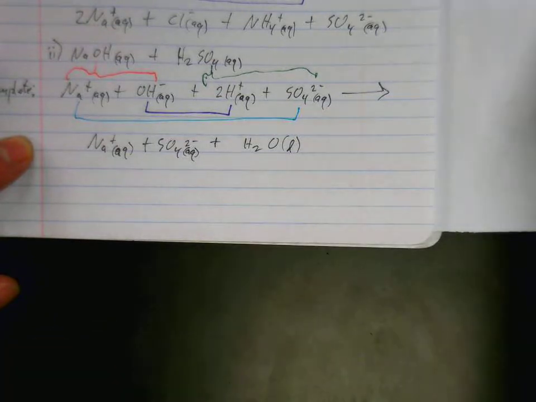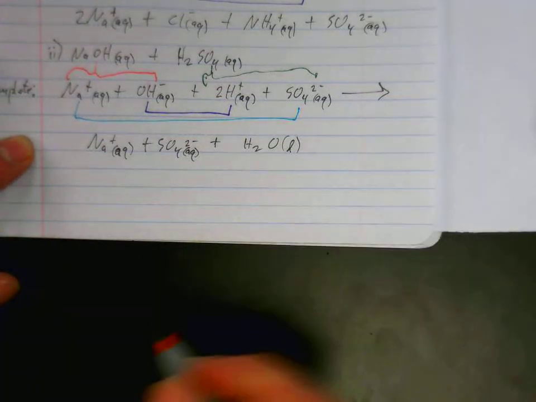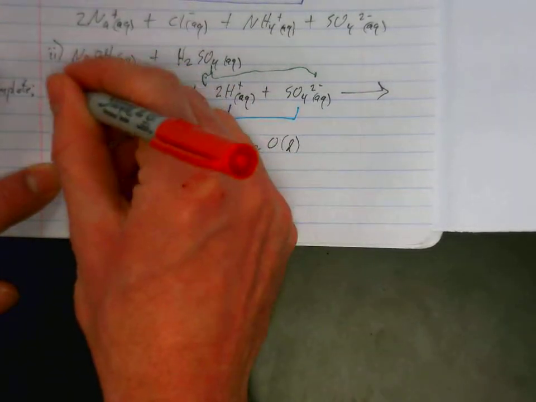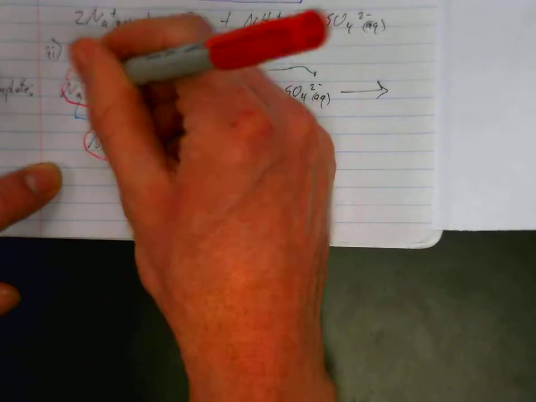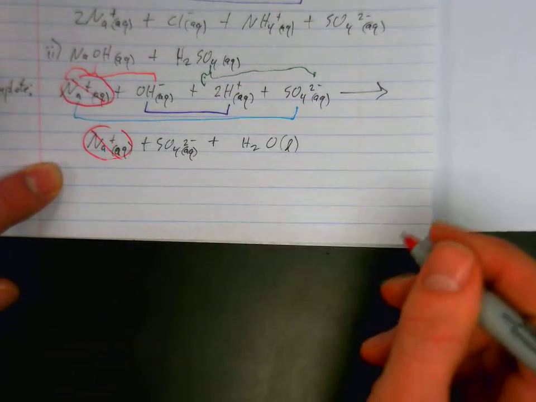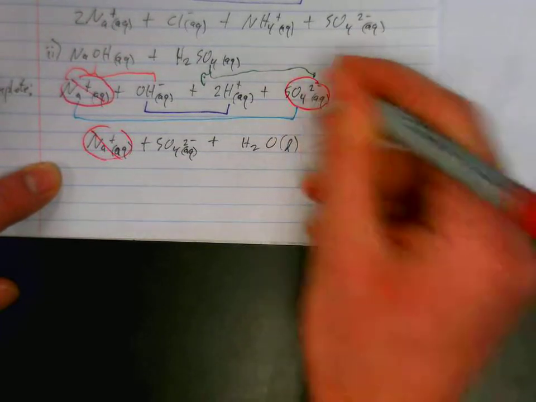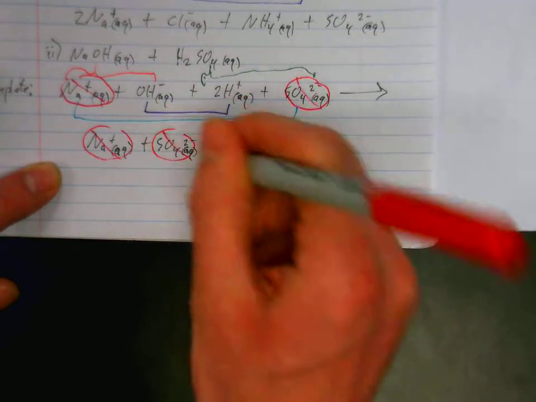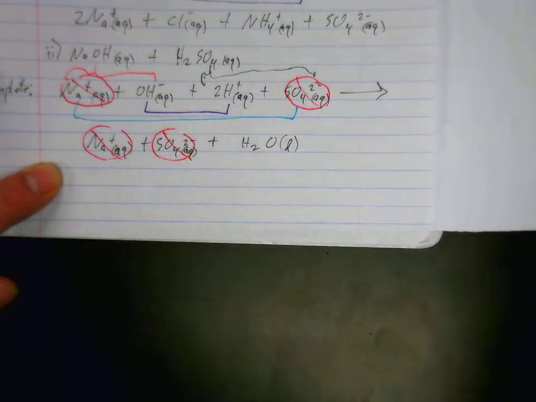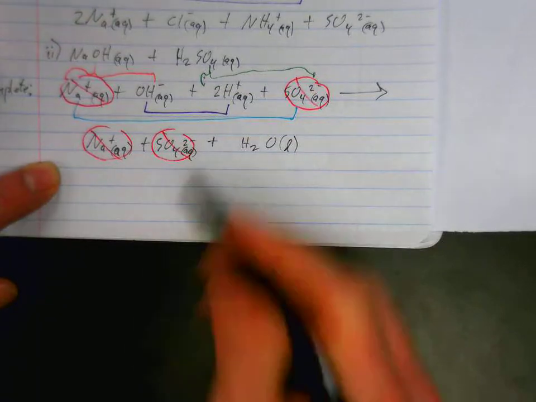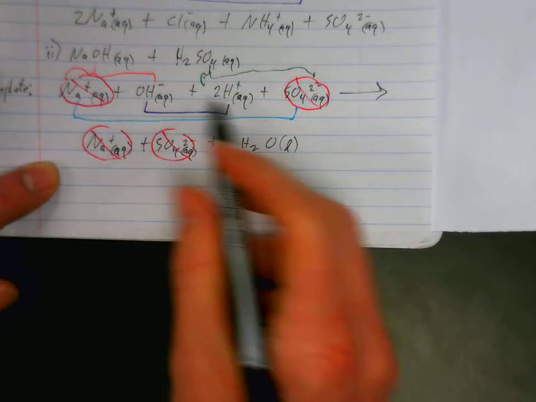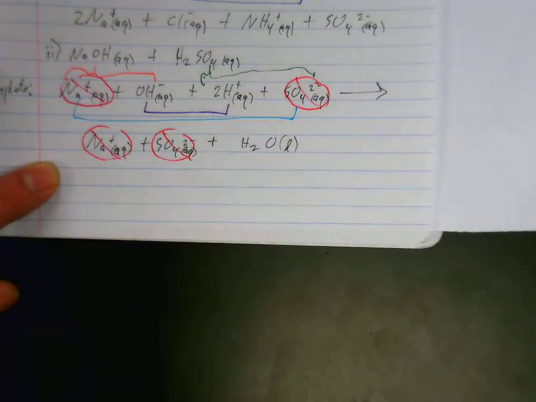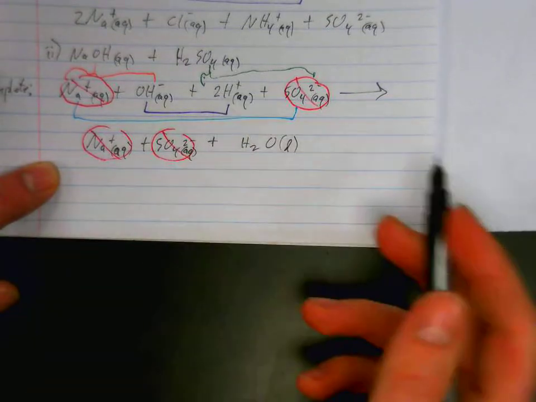So our net ionic equation, just like we did before, we can see that sodium has no change, that gets taken out. That's a spectator ion. The sulfate has no change. That comes out. That's a spectator ion. But we do have a change with the water. So we can rebalance this equation here.